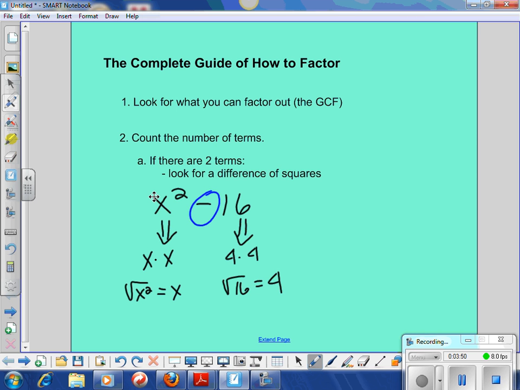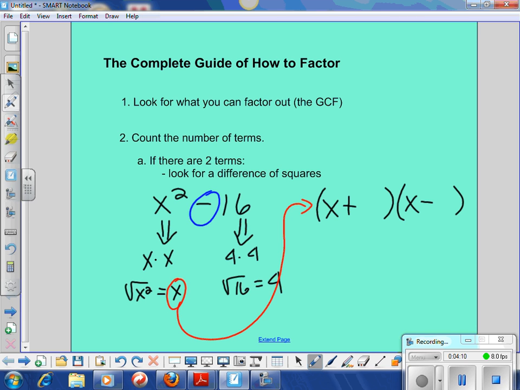So how we would solve that is we take the square root of the first value, which is x. We take either plus or minus, whichever way you want to go first, and then the next will be x minus.